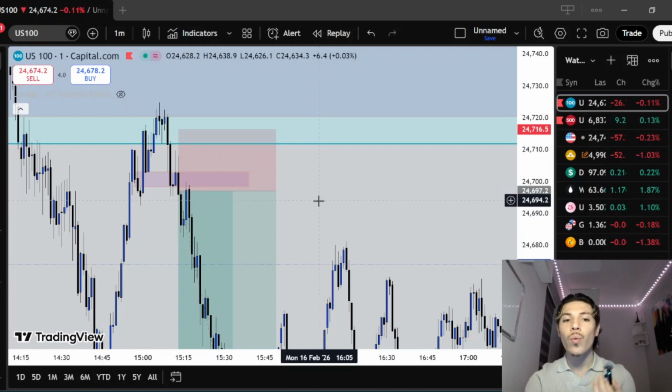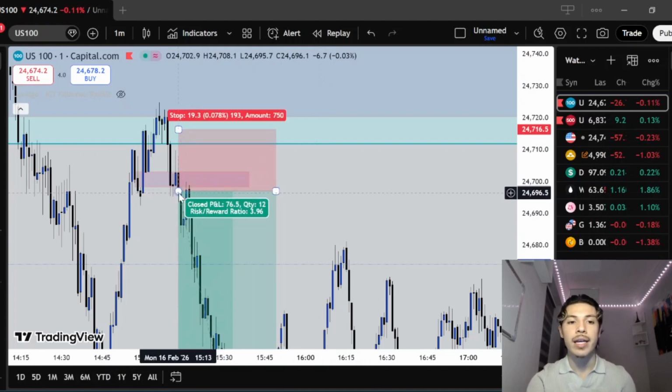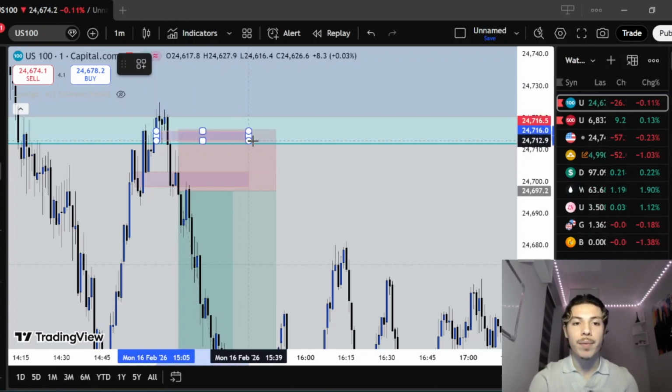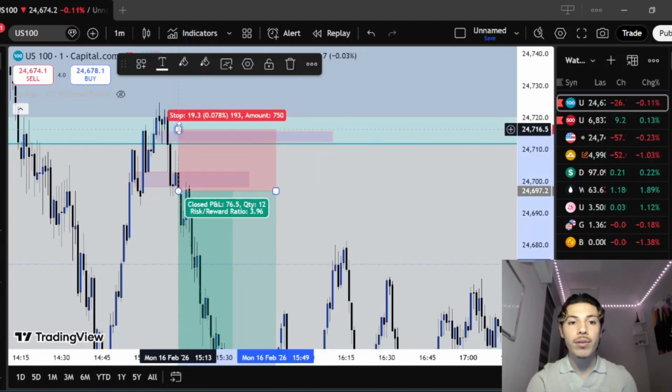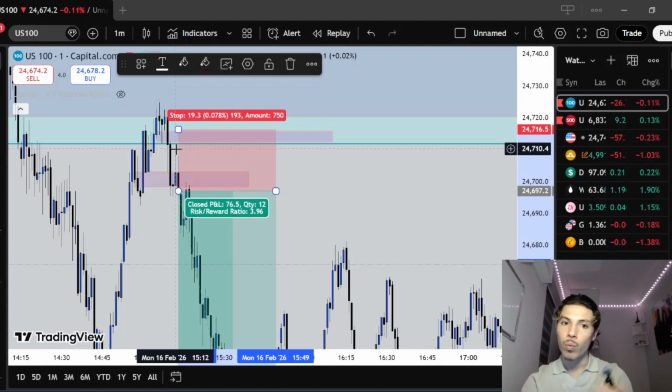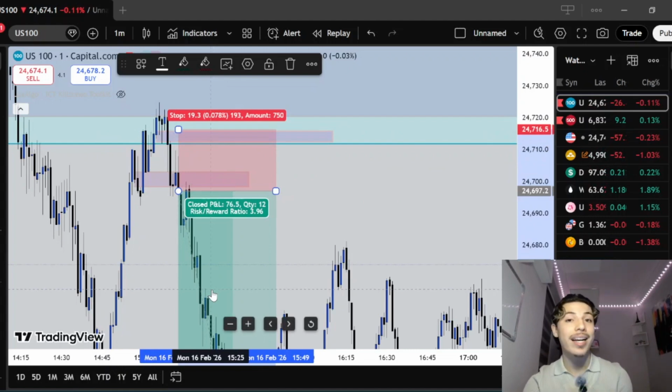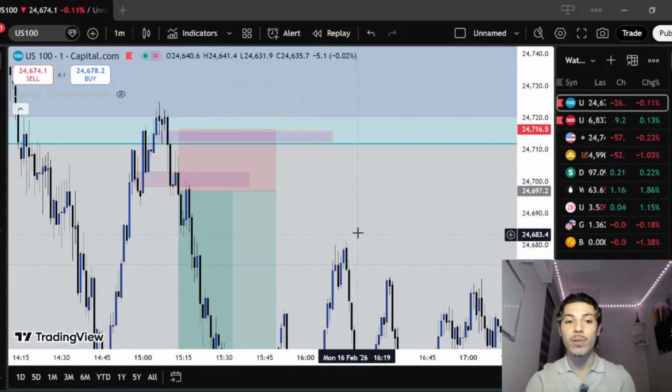Now, when I enter in this position right here, where do I want to set my stop loss? Well, I typically want to set my stop loss above a bearish fair value gap. As you can see, we have a 1 minute bearish fair value gap right here. So I simply set my stop loss right above that. This is going to act as a security guard, a safety barrier, because price might come up, retest this zone, and then sell off, meaning I am protected from price hitting my stop loss.